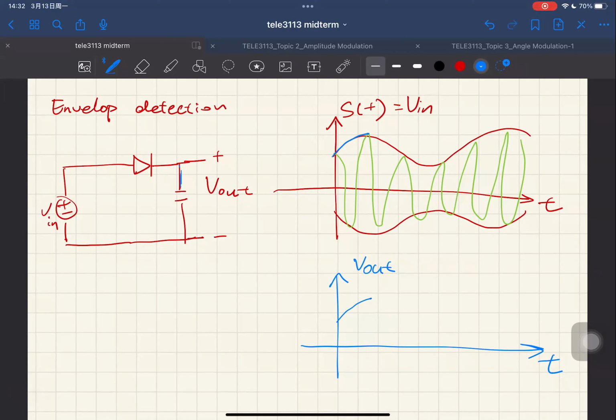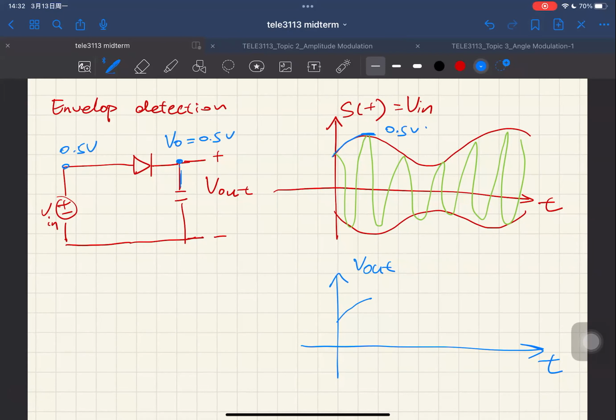Let's give this point a value, let's say 0.5 volts. At this peak value, the V out here is equal to 0.5 volts, and probably your input is also equal to 0.5 volts.